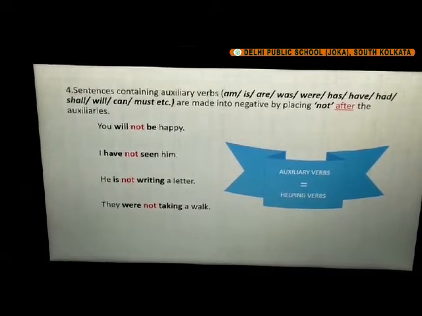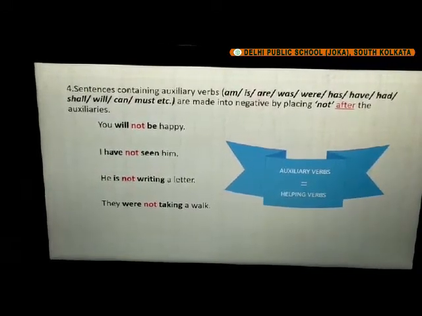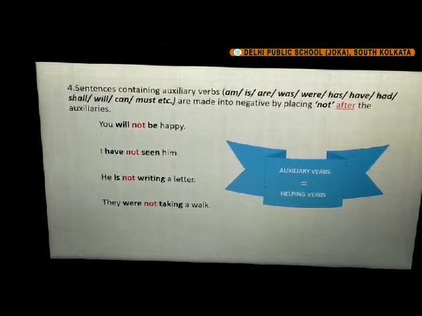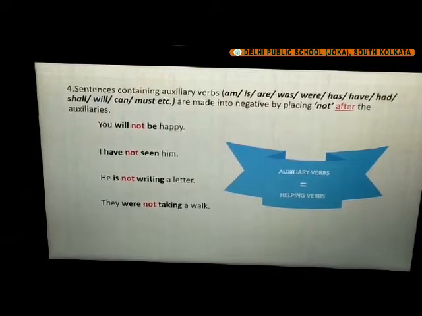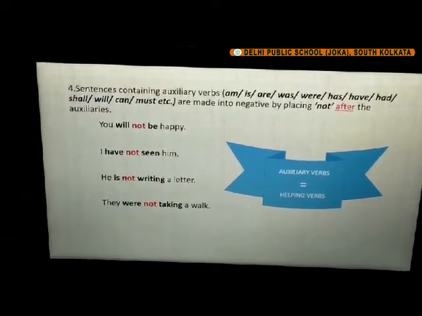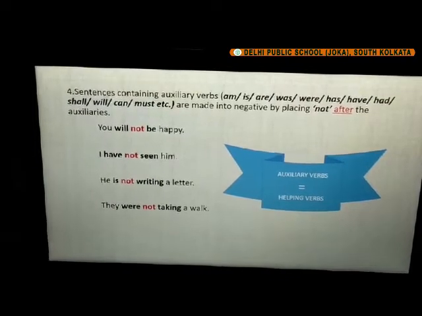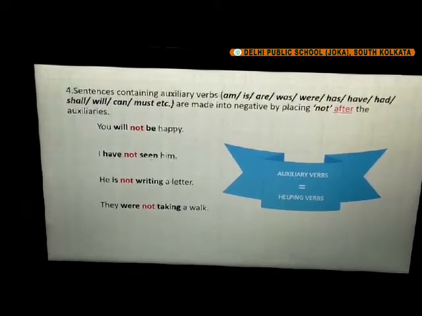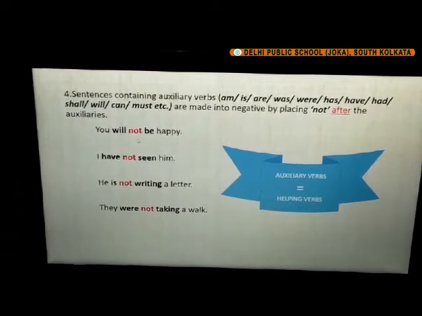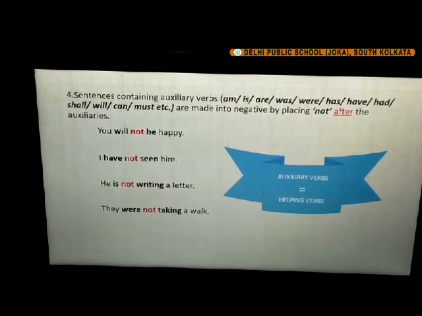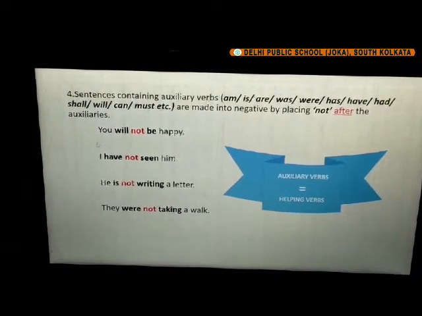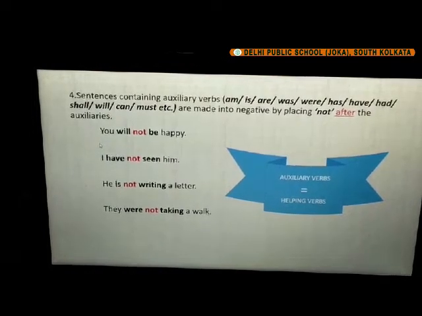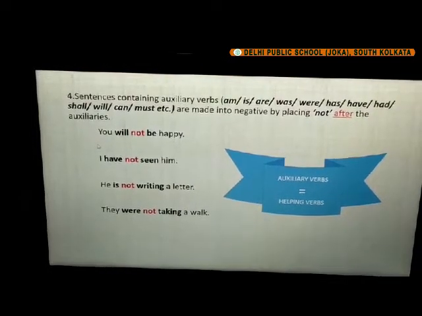Which is the main verb here? Be is the main verb here, and the auxiliary verb is will. So in order to change a sentence like this into negative, you must introduce the negative word not right after the auxiliary verb will. So you get the negative sentence, you will not be happy.